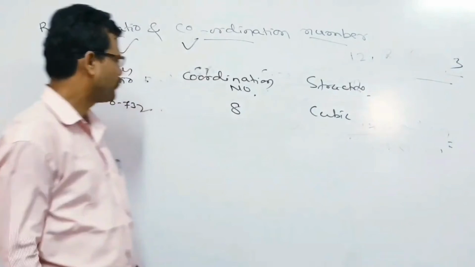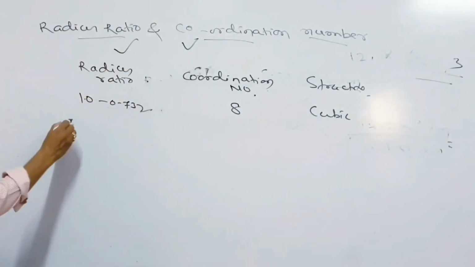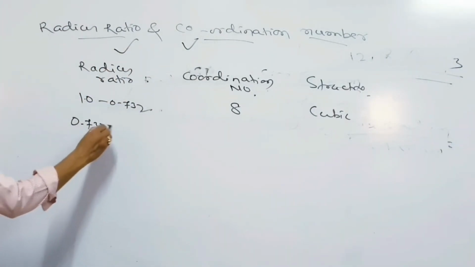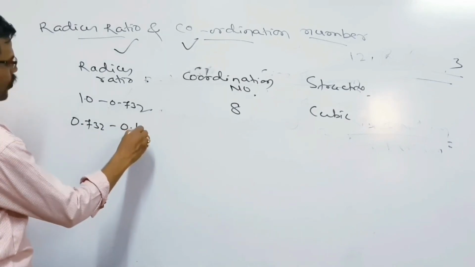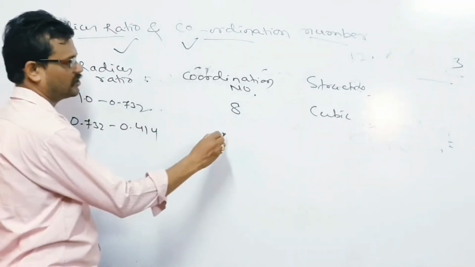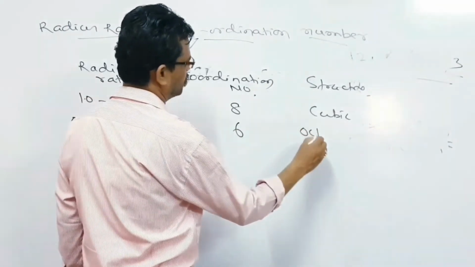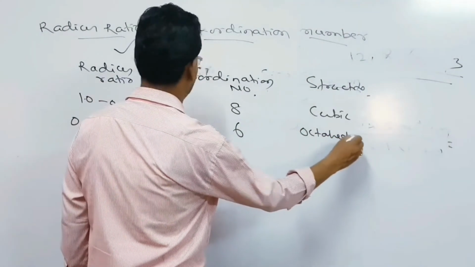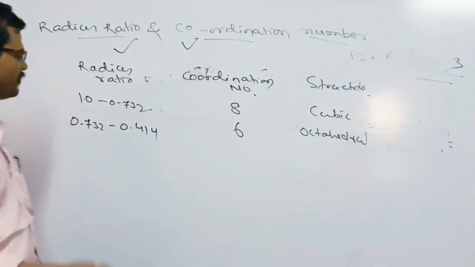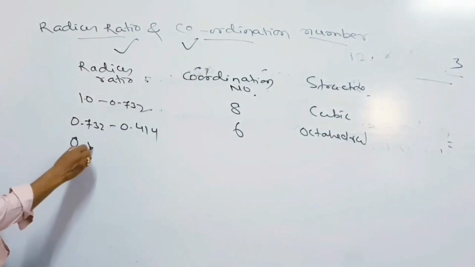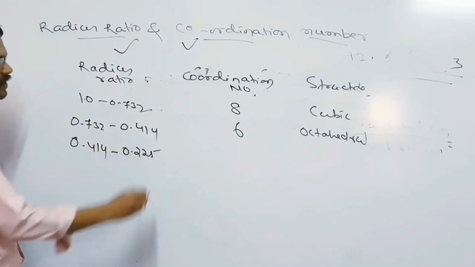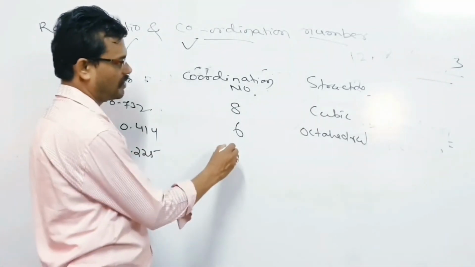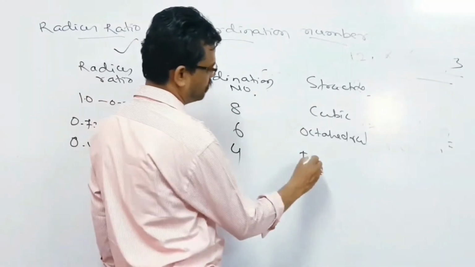Similarly, if the range is 0.732 to 0.414, then the coordination number is 6 and it becomes octahedral type. If the ratio is 0.414 to 0.225, then the coordination number is 4 and it is found to be tetrahedral.